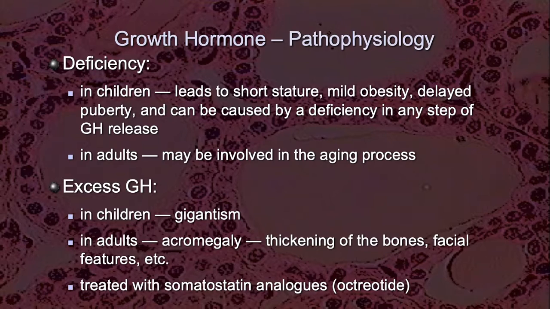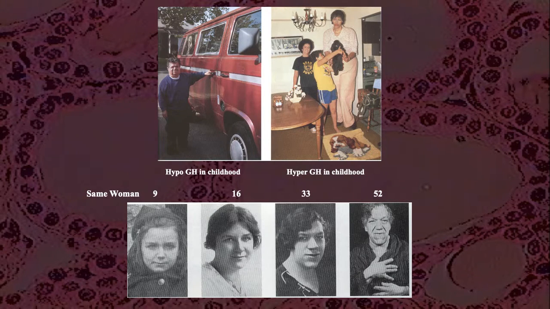Okay? A lot of times, the deficiencies and excesses in childhood aren't picked up until later in development because it just looks like they're growing faster or they're growing slower. So it really takes a clinician who is paying attention and who is running a test for that growth hormone. It's pretty easy to do, to figure out that there's a problem and then to step in and fix it.